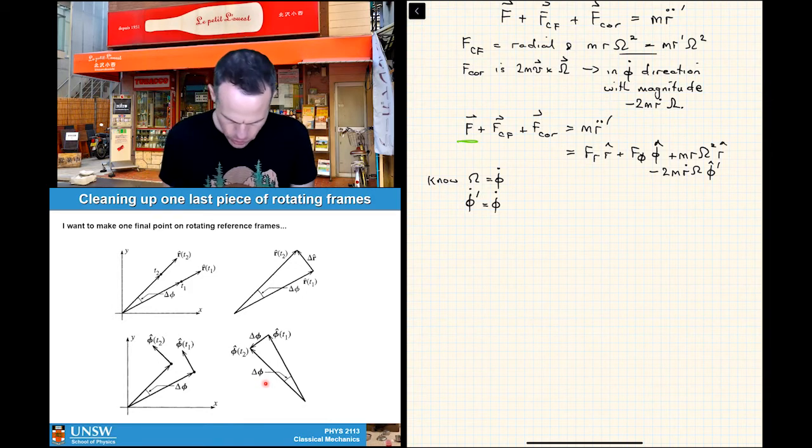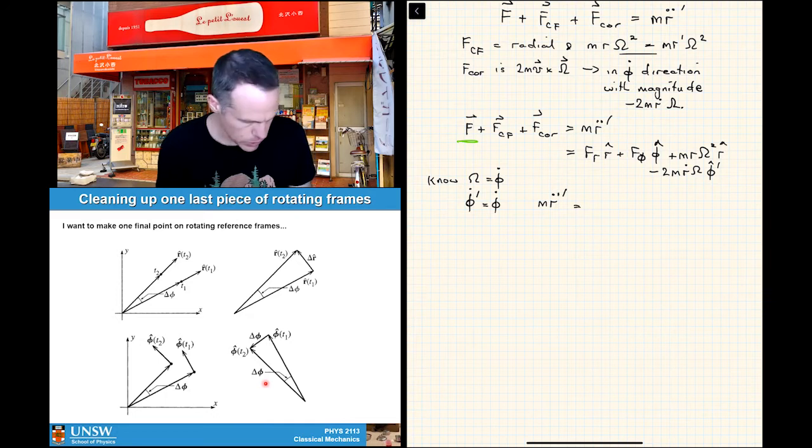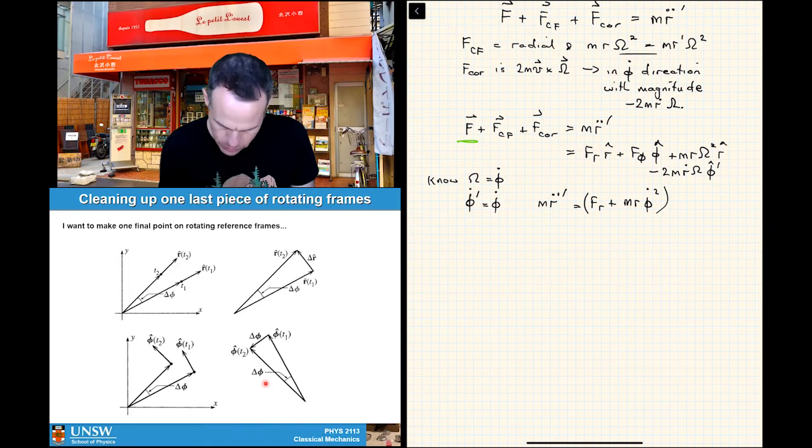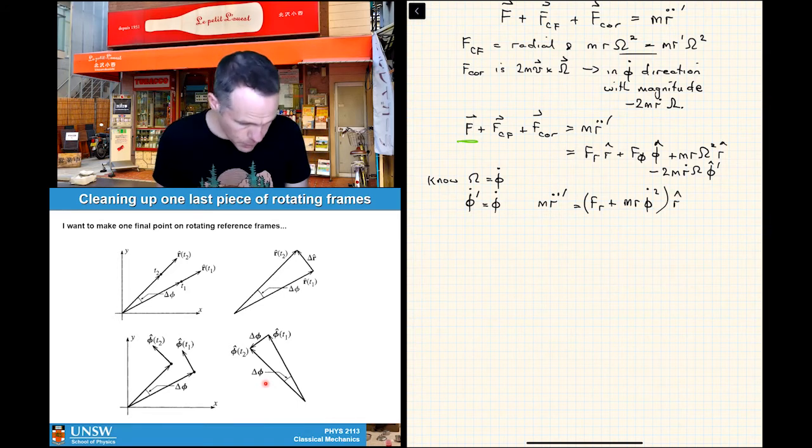And so if we do this, what we've got in here is m r double dot dash is equal to f r plus, we've got a radial term here that we can pull in, so this is going to be m r omega squared, and this will be in the radial direction, plus f phi minus 2 m r dot phi dot phi hat.